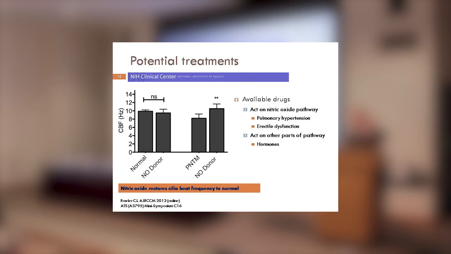But in the normal state, that signal doesn't play a role in keeping the cilia beating normally. If you take patients with pulmonary NTM on the right-hand side of that graph, if you look at baseline, the frequency of their cilia beat, as you see on the y-axis there in hertz, is lower than what you see in normals. But when you augment their nitric oxide, you restore that ciliary beat frequency back up to normal.